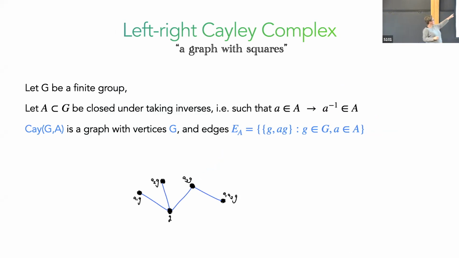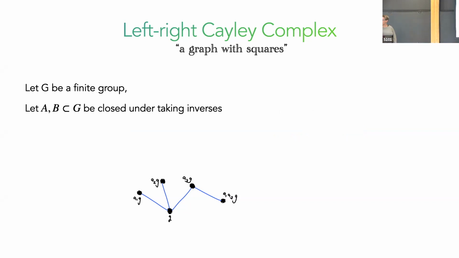Okay, so we have some set A of generators, which needs to be closed under inverses. And you look at the Cayley graph of G with A. So what is this? You have a vertex for every group element, and you connect g to a times g. So if A has d elements, g has d neighbors: a1 times g, a2 times g, a3 times g. So that's the standard Cayley graph, and we're just going to have two of them.